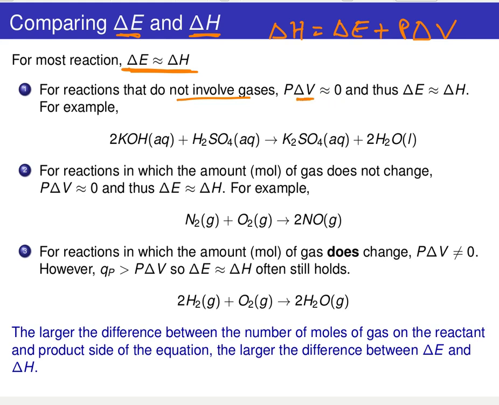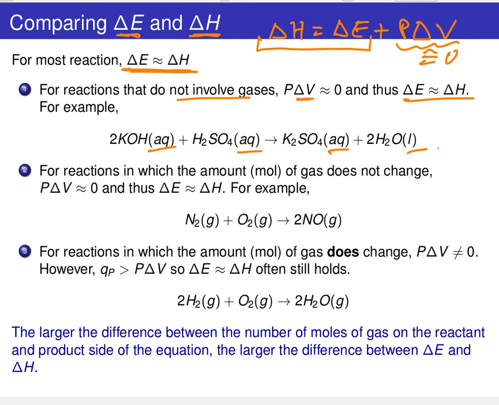So pressure times volume is going to be close to zero, which means this term is going to be close to zero. And so delta E is going to be very close to delta H. So example here, aqueous, aqueous, aqueous in a liquid, no gases are showing up, so this change in volume would be expected to be small, and very close agreement between delta H and delta E for this reaction.